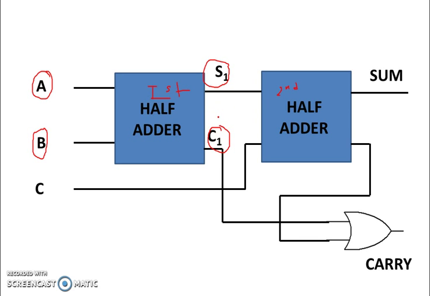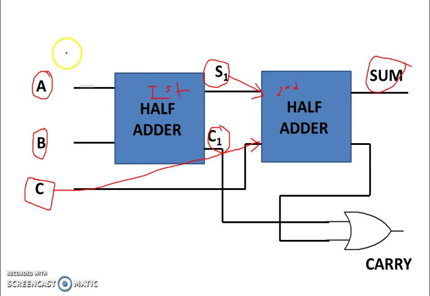These outputs are fed to another half adder. The second half adder takes C and S1 as inputs, where C is taken as one input and S1 is taken as the other input, which gives you the sum as the output.